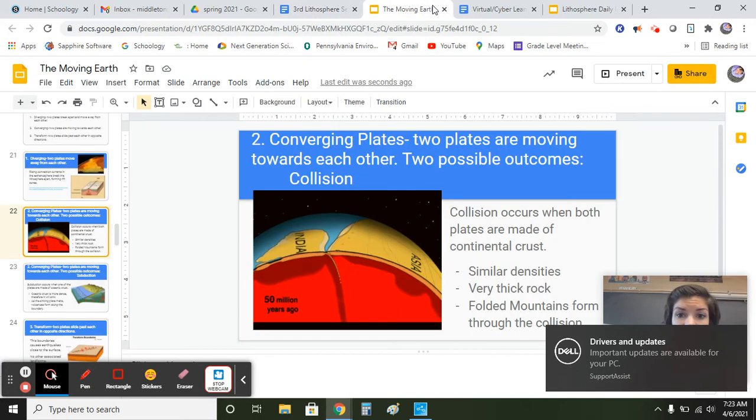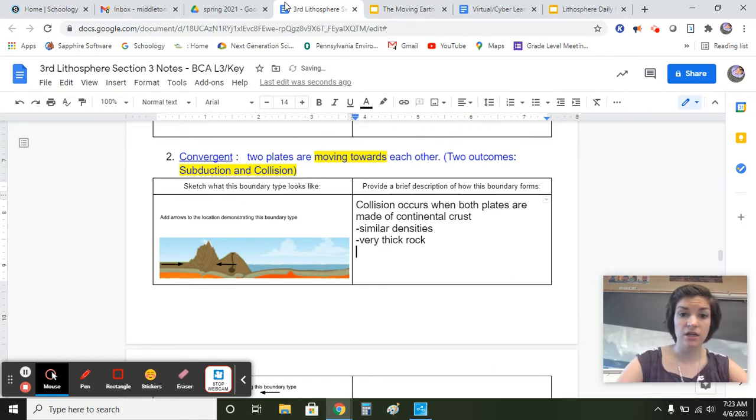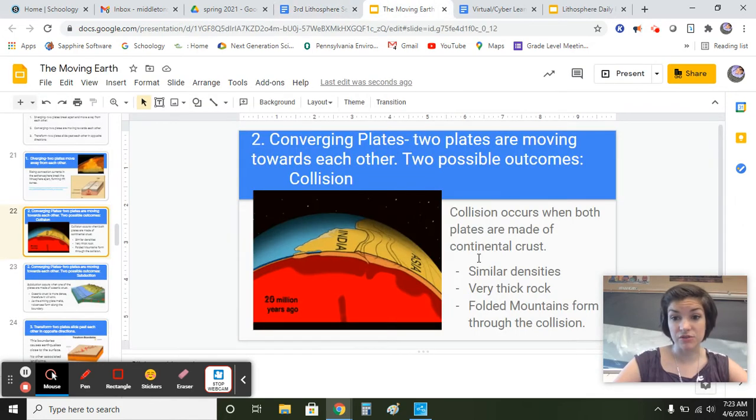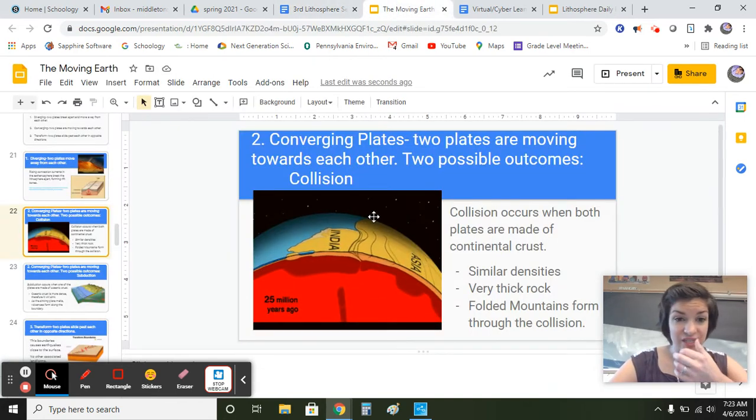They have very thick rock, because it's continental crust, remember? And then you get folded mountains. Folded mountains are a result. We see this, it's showing you India running into Asia. This is where we have the Himalayan mountains forming, because it's just two chunks of continental crust smashing together, coming together, converging, coming together. All right.